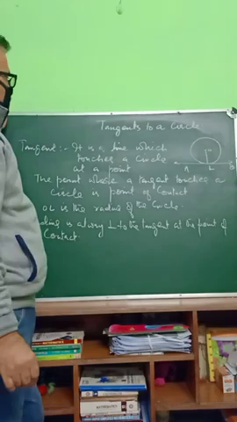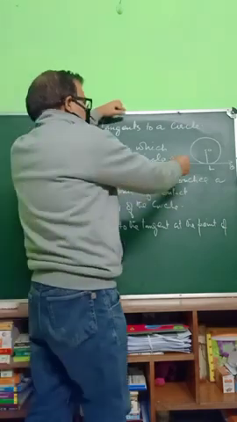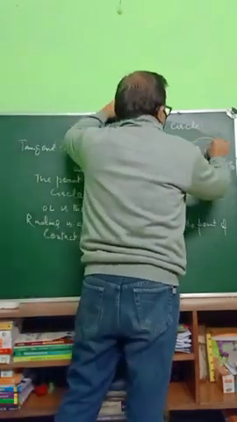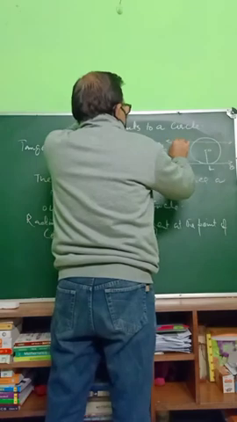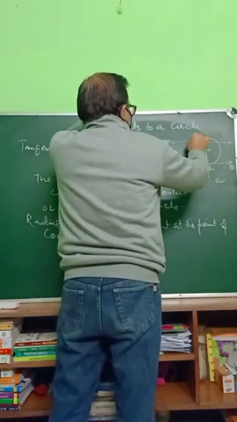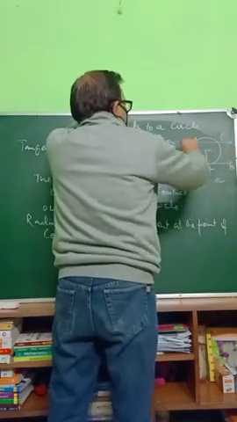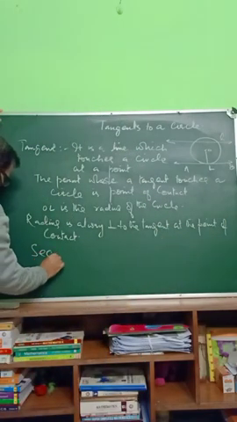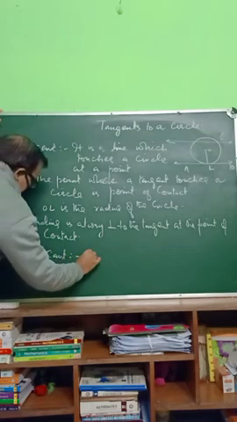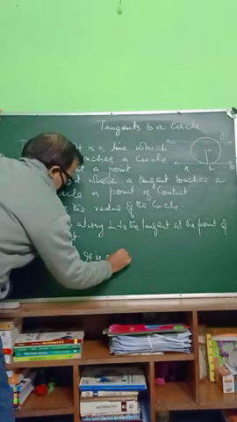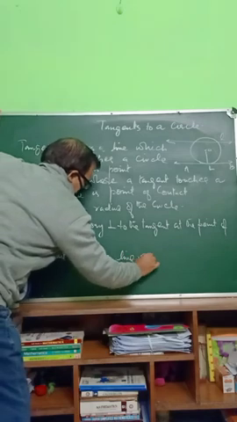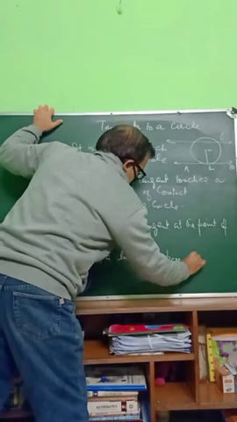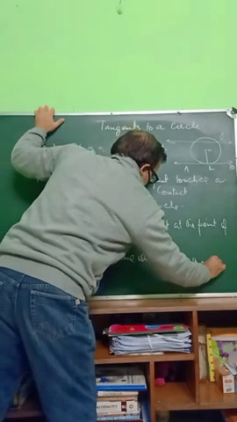So we know what a tangent is now. Now any line which passes through a circle, meaning a line that goes through the circle from outside to inside, say L, is a secant. A secant is a line which passes through a circle.